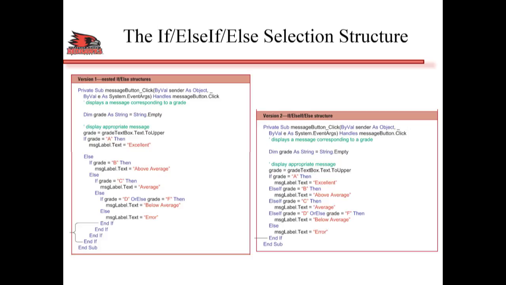Even though it's kind of the same idea, it looks much more compact than the previous way of doing it. There's no more bunch of end ifs at the end. It goes through each of the if or else if, and figures out what it needs to do.